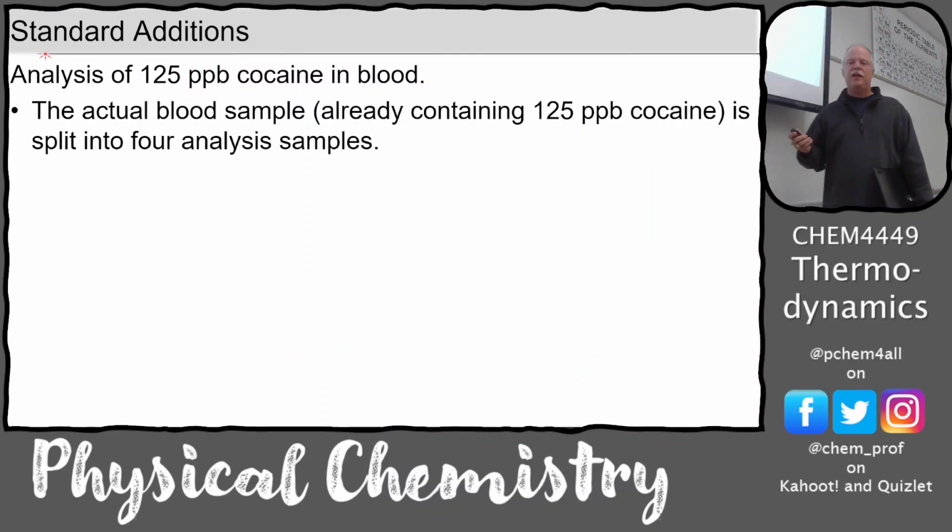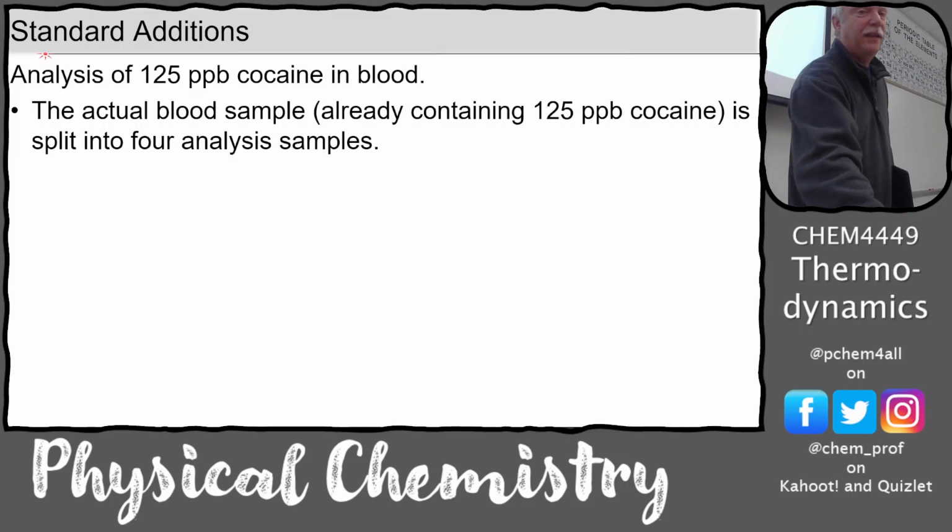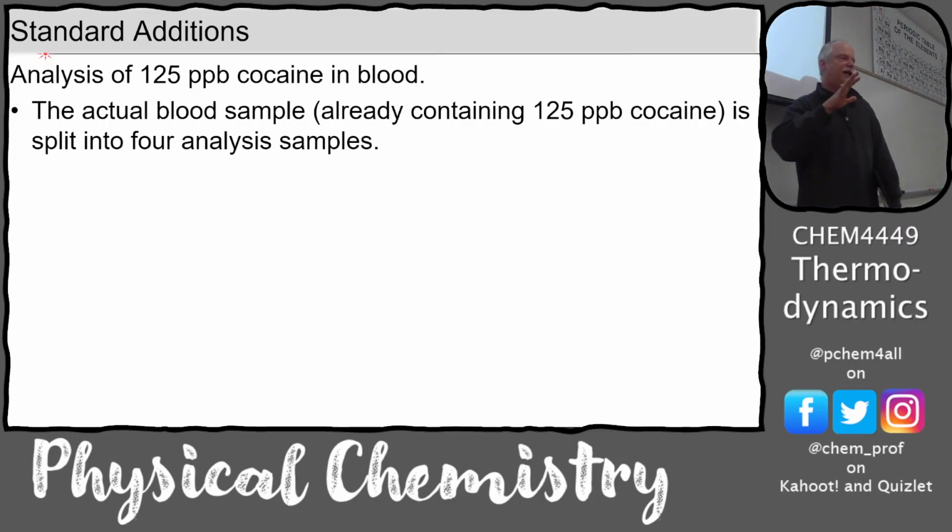So the actual blood sample already containing 125 parts per billion cocaine is split into 4 analyses. Now this is really tricky because you have to take your sample and have enough of it to split. That's pretty easy if you've got a good blood draw. It's kind of difficult if you're trying to test, say, the ocular fluid or something like that. It's some really small amount of fluid. How are you going to split it into 4 samples?